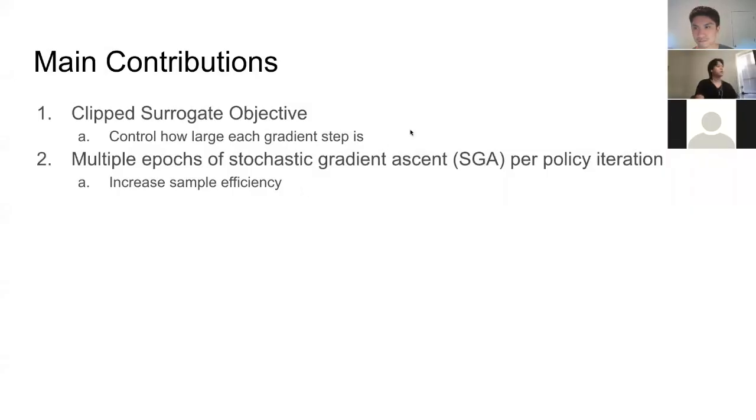In the paper, there's basically two main contributions that it presents. Number one is called the clipped surrogate objective function. And the second one is basically having multiple epochs per policy iteration. Now, the first one, clipped surrogate objective, is basically just its loss function, quote unquote.